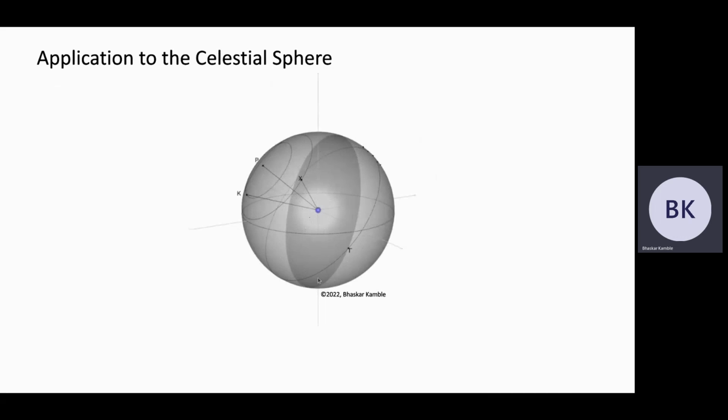Remember that a great circle is any circle on the surface of the sphere such that its plane contains the center of the sphere. Then this is the point gamma, the intersection of the ecliptic circle and the celestial equator, also known as the point of equinox. All these concepts I have explained in my earlier video on the celestial sphere. Feel free to check it out.